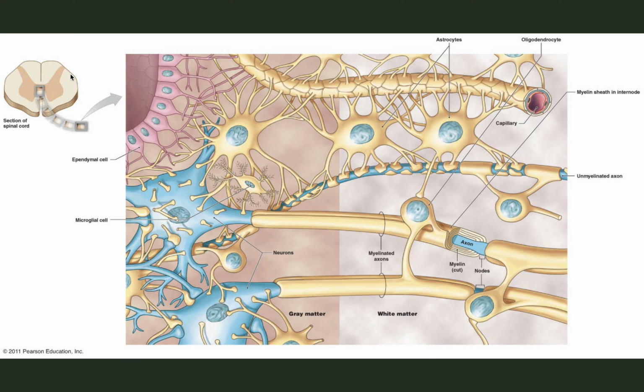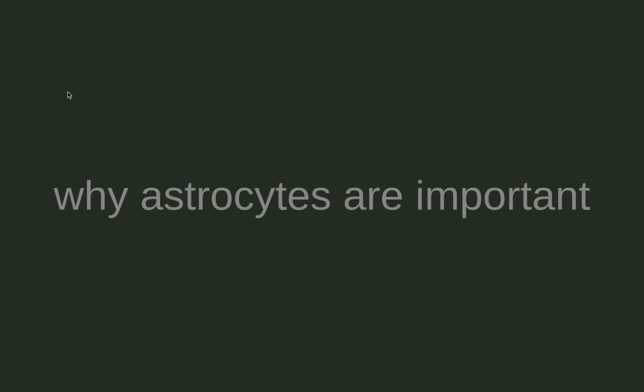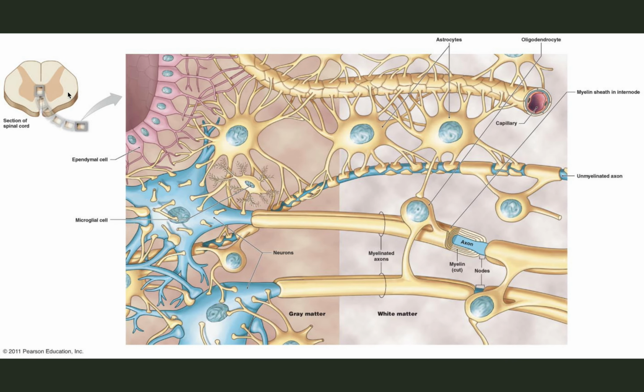So here we can see white matter. And then unmyelinated axons, along with their associated cell bodies, appear gray, and they're called gray matter. So in the PNS, we have Schwann cells and satellite cells.